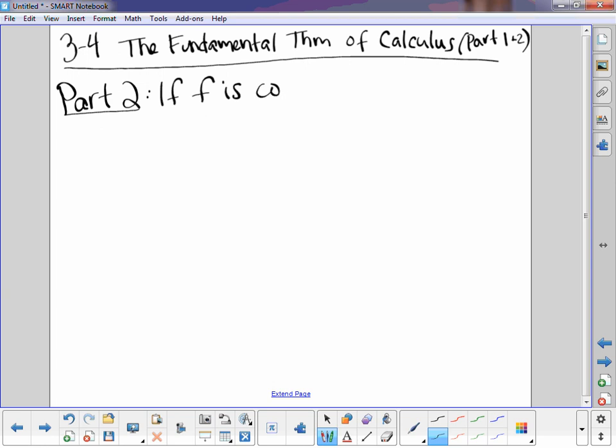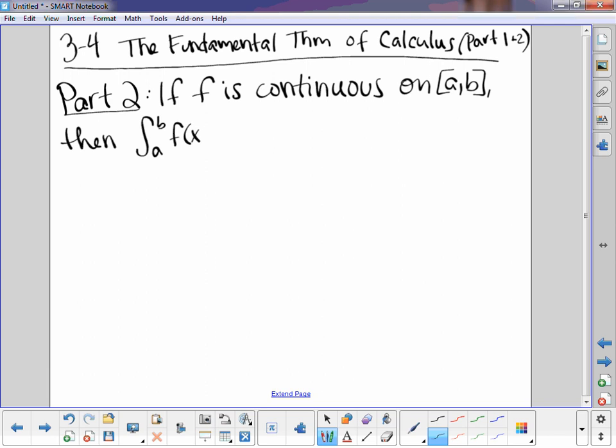If f is continuous on the closed interval a to b, then the integral from a to b of f of x dx equals... Okay, so it's going to be capital F of b minus capital F of a.